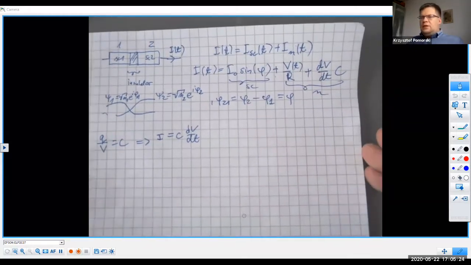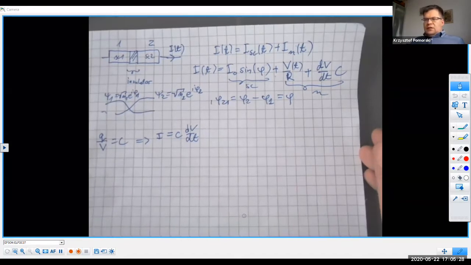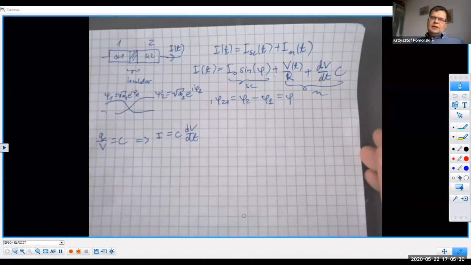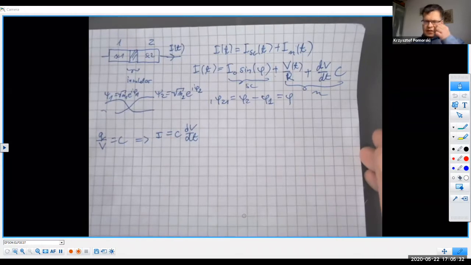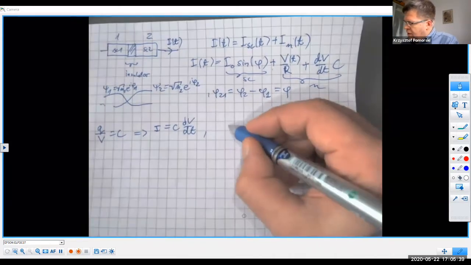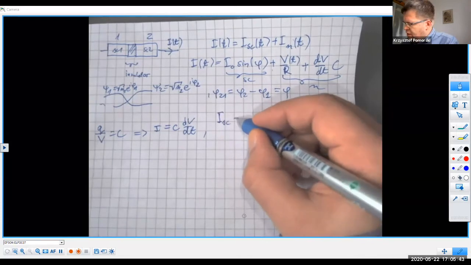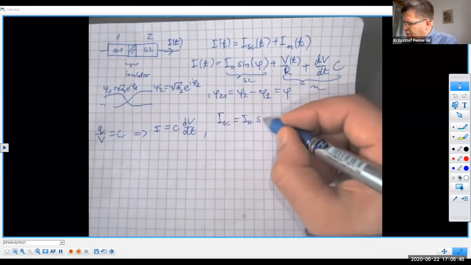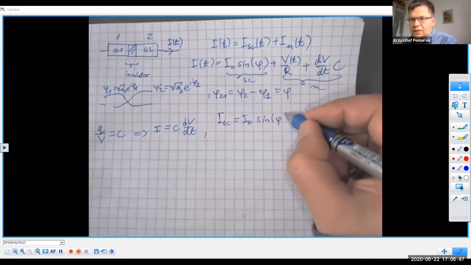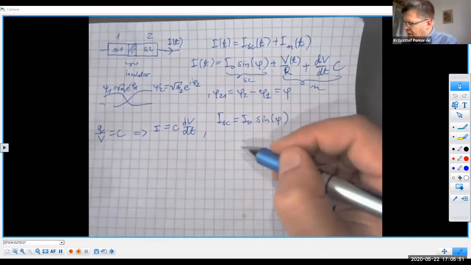Normal current means the current of electrons that are not Cooper pairs. They are subjected to Fermi statistics. Quite recently we explained that we have a superconducting current, the so-called DC Josephson effect, and then we have the AC Josephson effect.